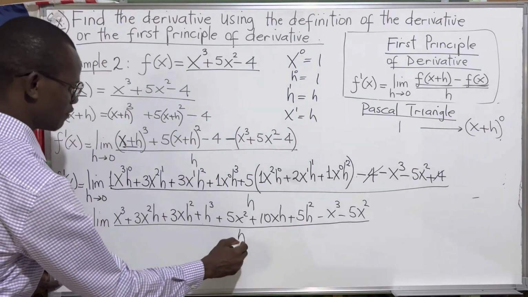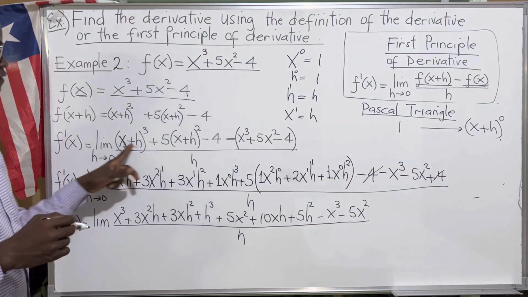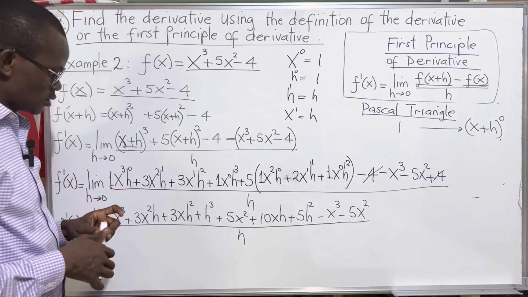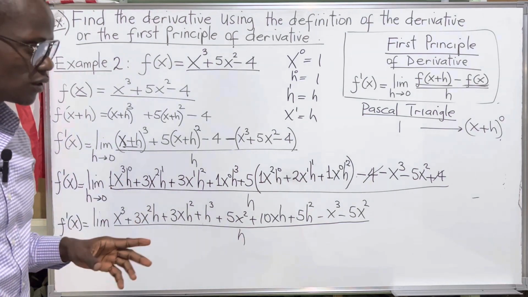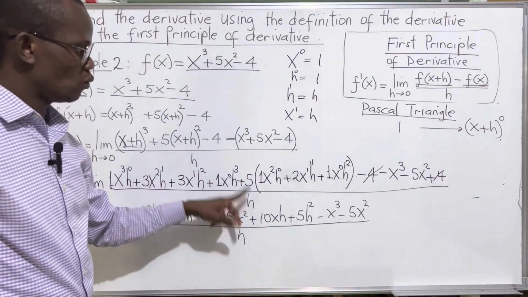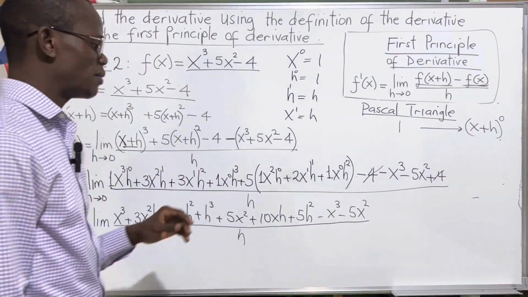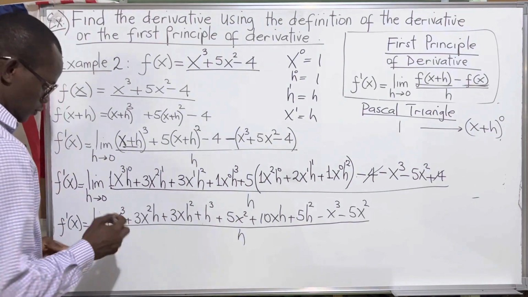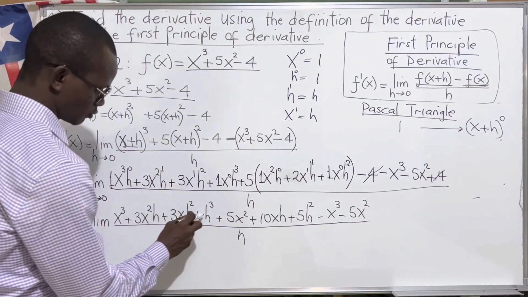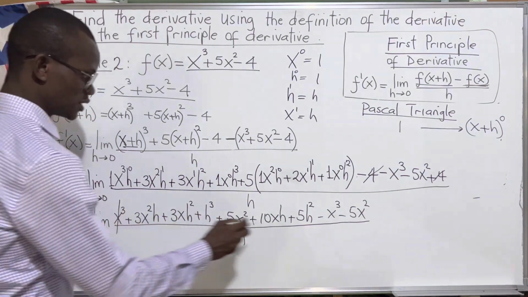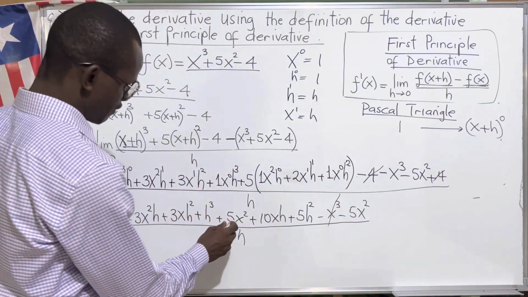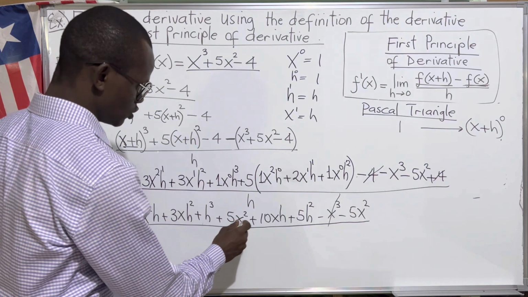Remember I told you, whenever you expand this expression, all of the terms within your expression without h, which is the denominator, will go out, will be cancelled from the problem. So x to the third power does not have h, so you check. X to the third can cancel this second to the last. 5x squared, it has no h, so you check.